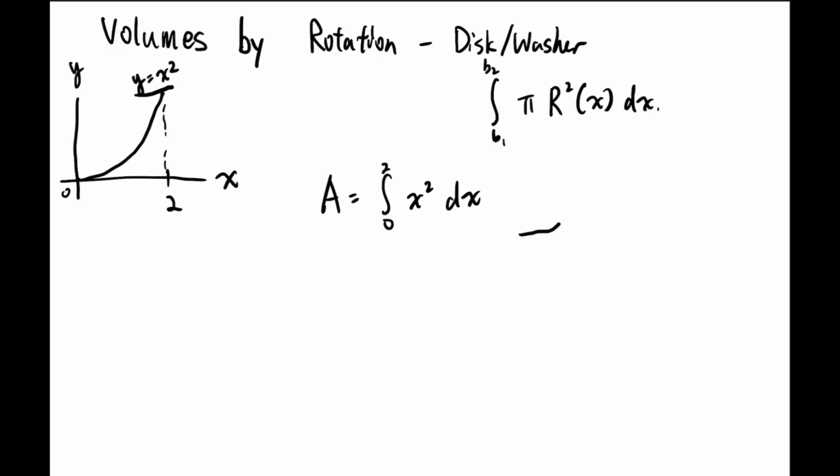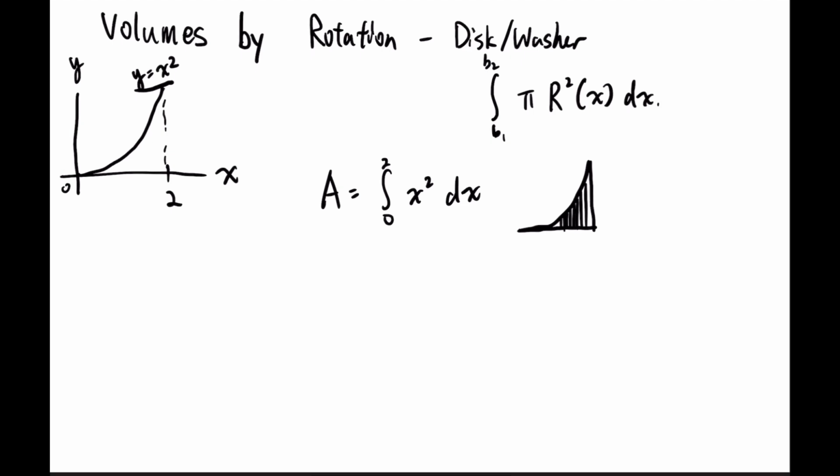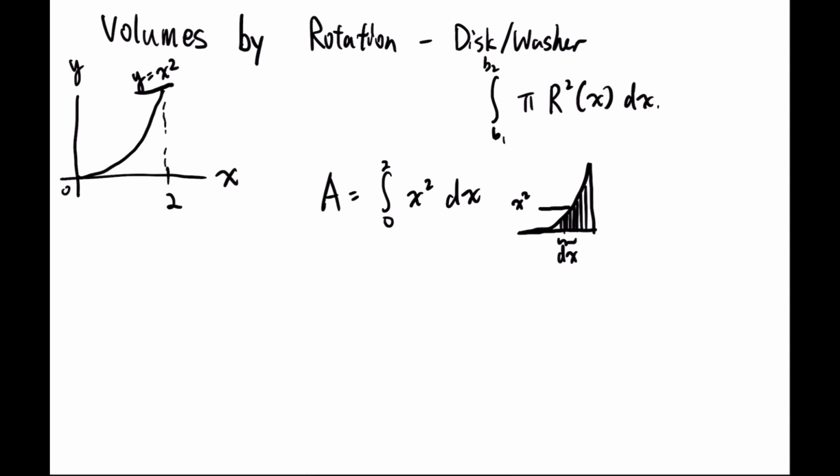In essence, what you were really doing is finding the infinitely small areas of the rectangles generated by the infinitely small widths dx and the certain height x squared for every rectangle. And you would sum that over all the rectangles in the interval from 0 to 2.